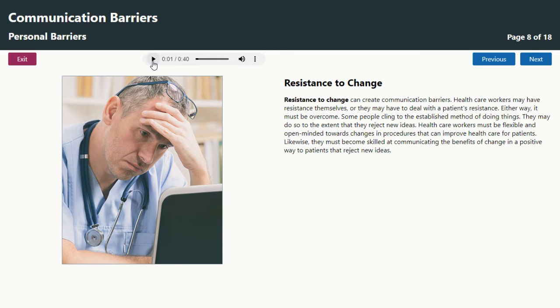From this slide, you need to know clinging to the established method of doing things is known as resistance to change.